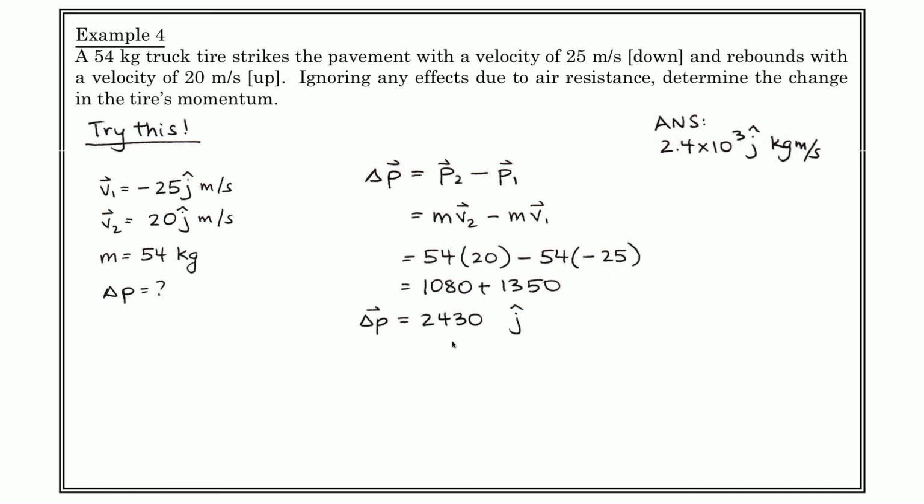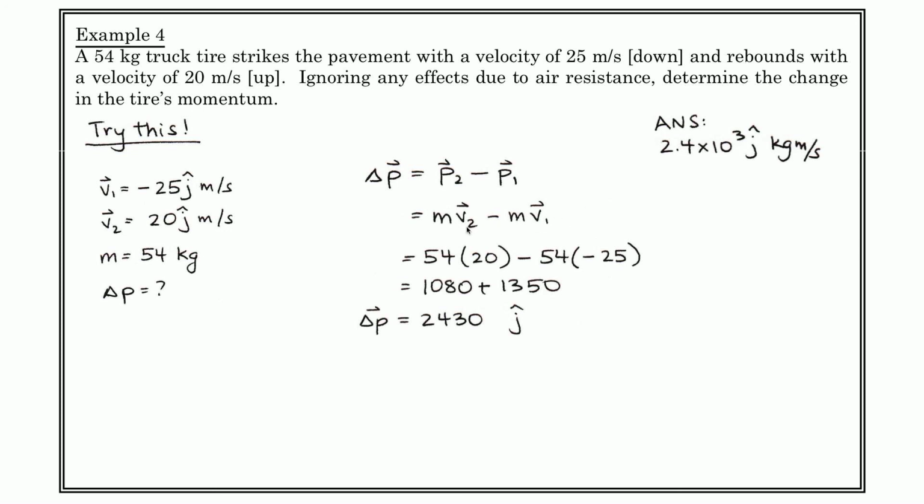Now, that may be a surprise, in that a truck tire initially has a greater momentum down, and it rebounds in the up direction. What's the change in momentum? The change in momentum is 2,430 kilogram meters per second in the j hat direction. I could also ask you, what's the change in velocity over this time, and that would be a much easier calculation.